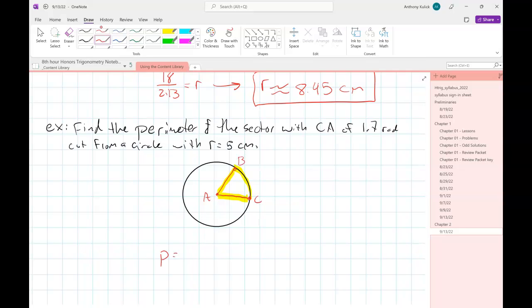So the perimeter then would be, well, let's write it this way, the length of AB plus the length of AC plus the length of BC. Everybody cool with that? How long is AB?